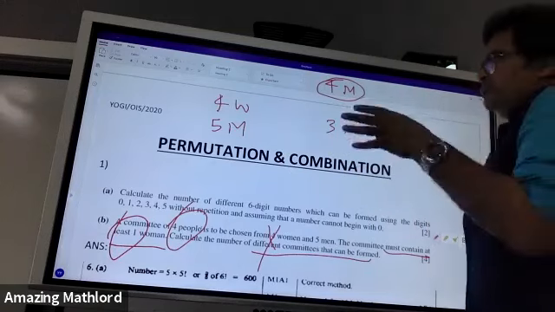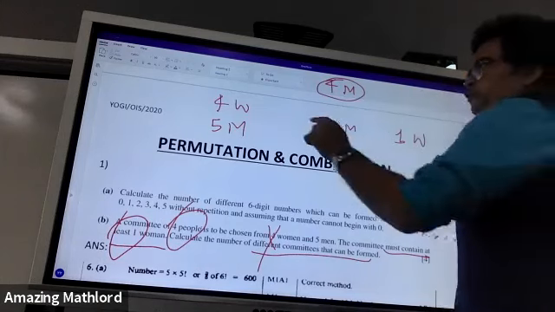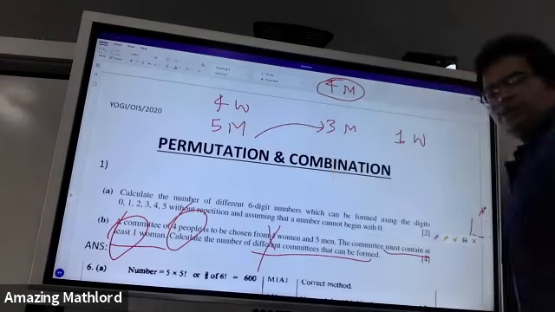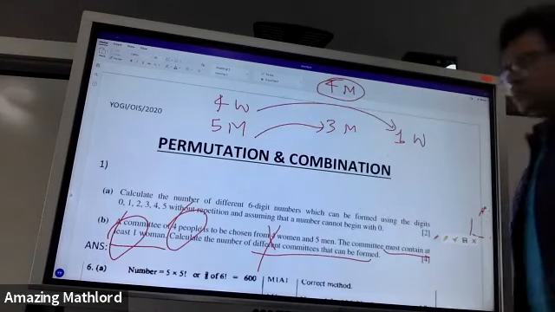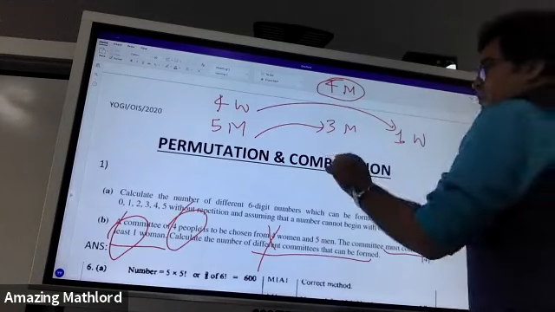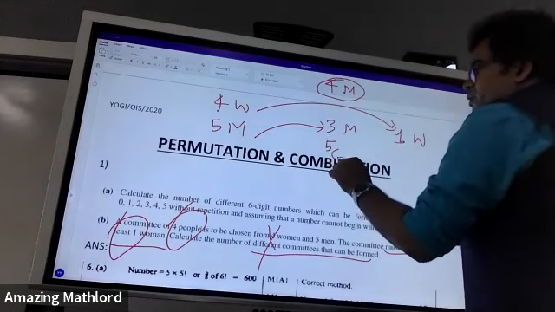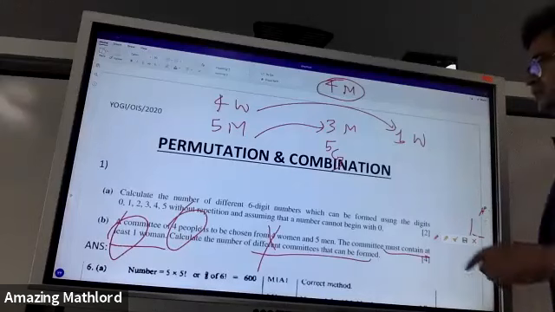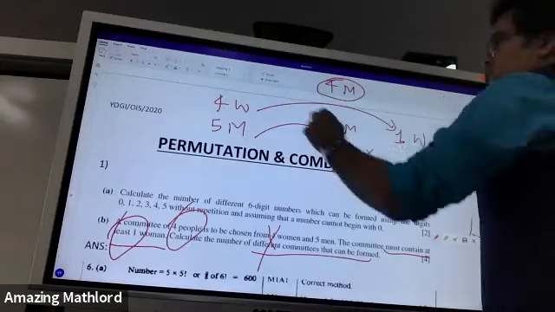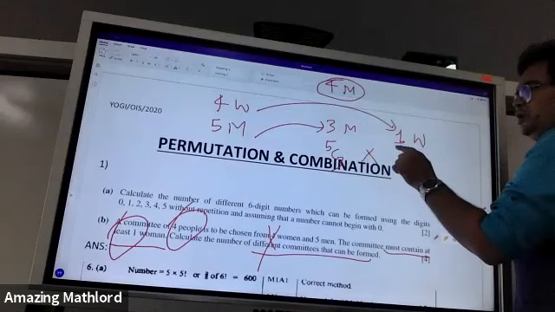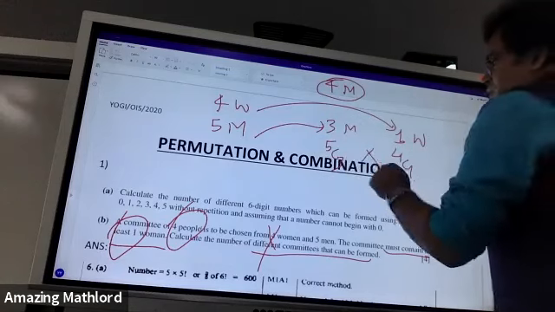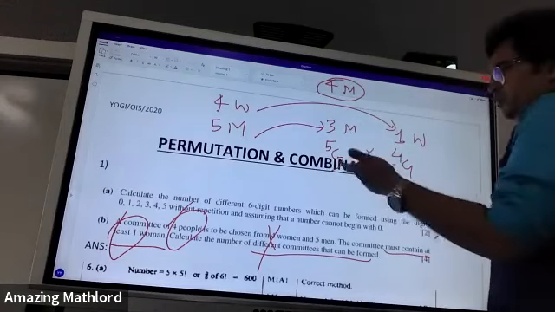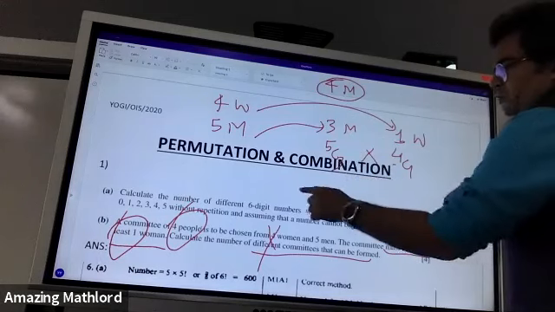When you're saying 3 men and 1 woman, from 5 men I have to choose 3 men, and from 4 women I have to choose 1. As we know the combination principle, from 5 men you can choose 3 men in 5C3 ways, times you can choose 1 from 4 women in 4C1. So 5C3 times 4C1. You can find this out by using the formula, or you can just use straightforward logic.